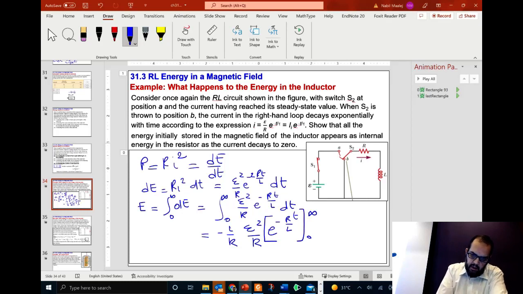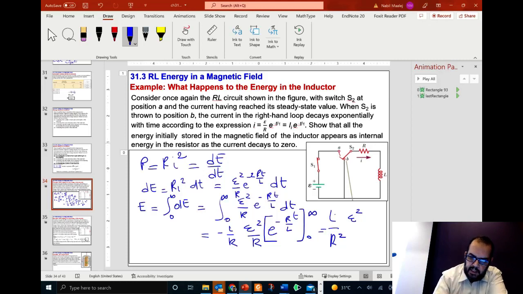So if we do that, exponential of minus infinity is what? 0. Exponential of 0 is 1. So this becomes L over R squared times epsilon squared, with a factor of 1/2.